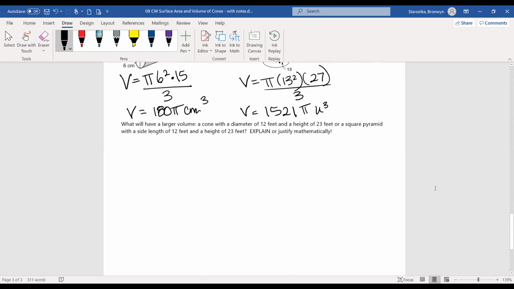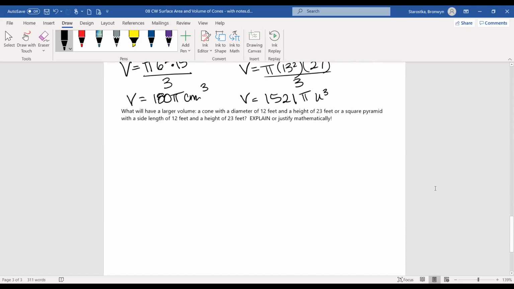What will have a larger volume? A cone with a diameter of 12 feet. So here, let's draw a cone.